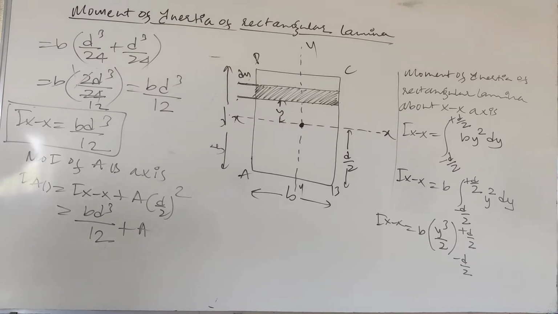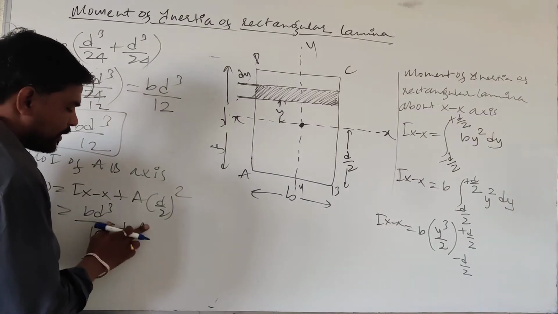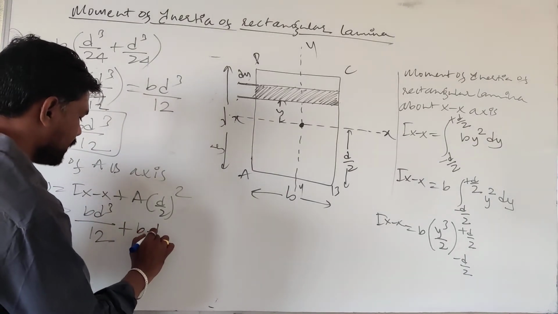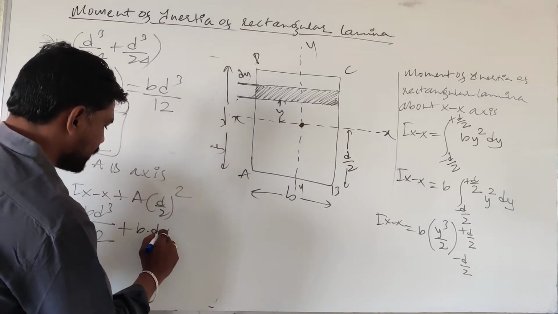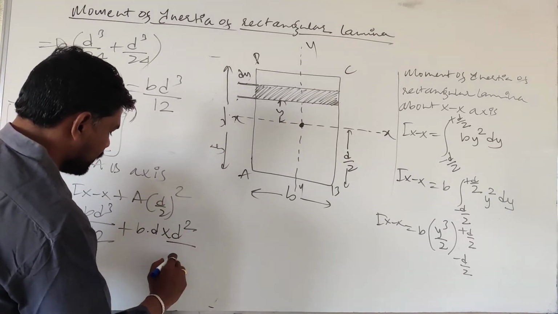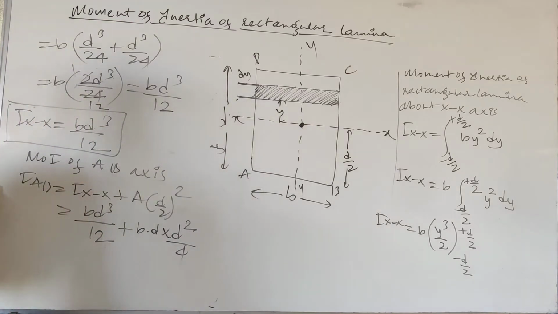See what is happening. So here area is equal to length and breadth. So length and breadth are b into d. So d by 2 square, that is d square divided by 4. Right?